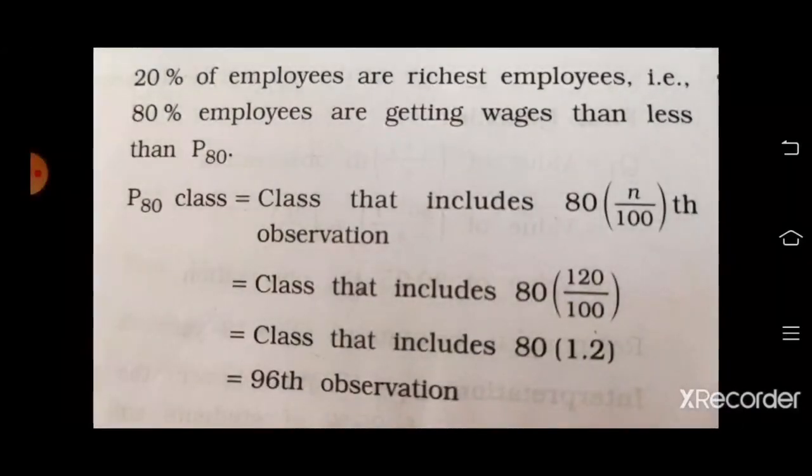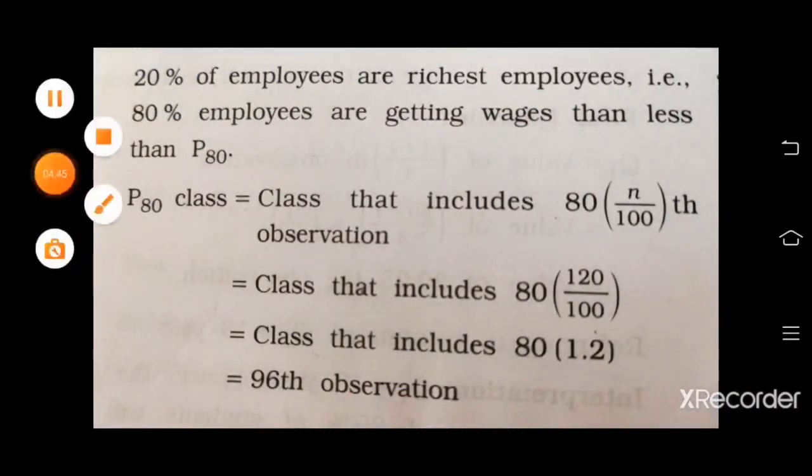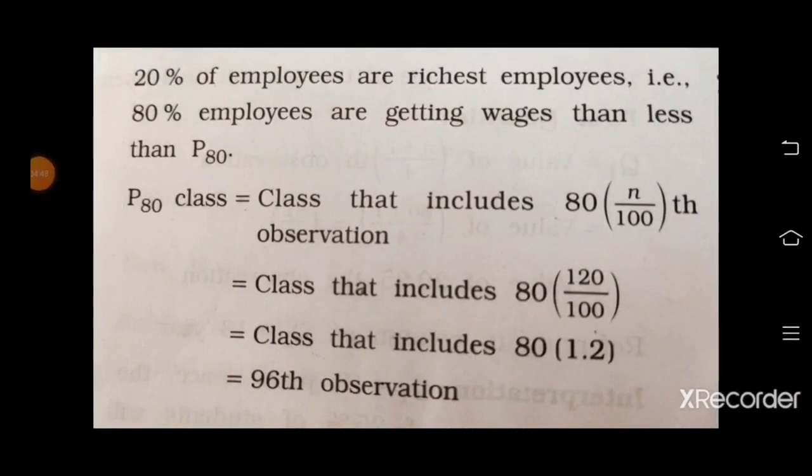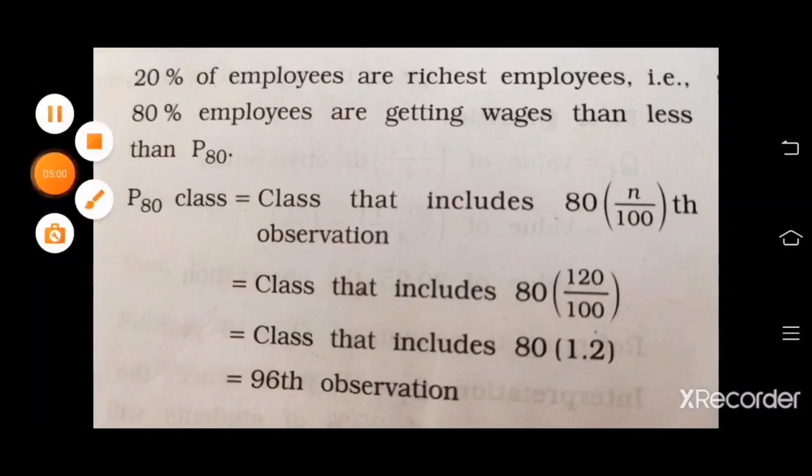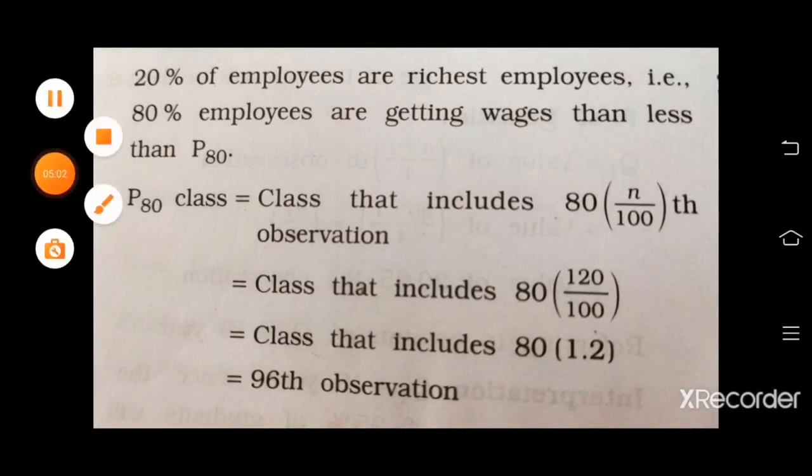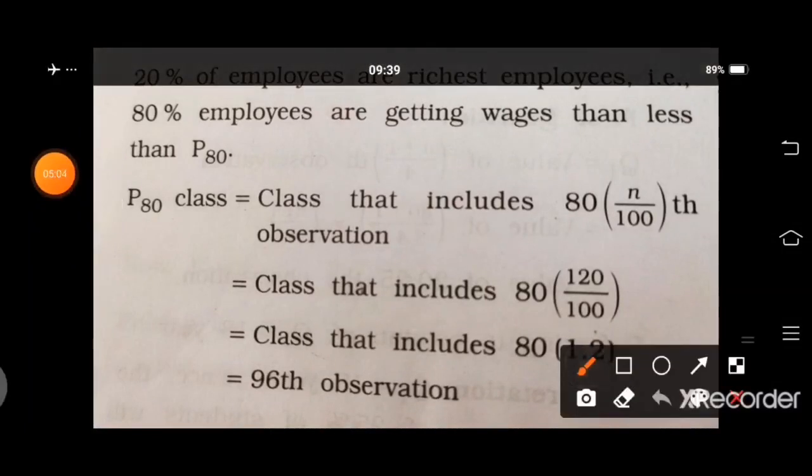Now, here we have to find out that 20% of employees are the richest employees. Means 80% employees are getting wages less than 80.